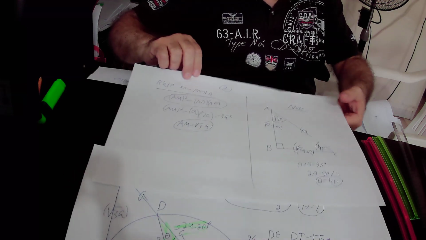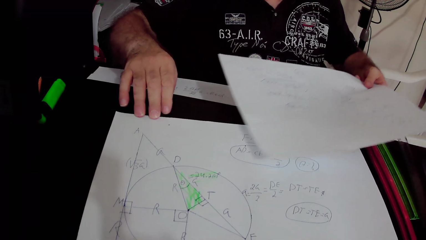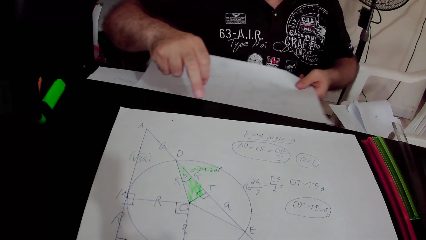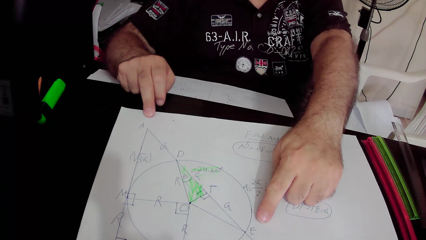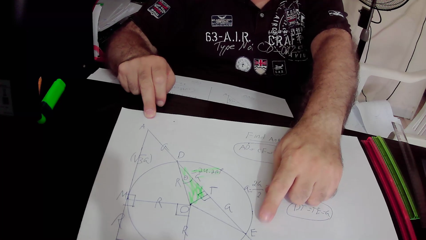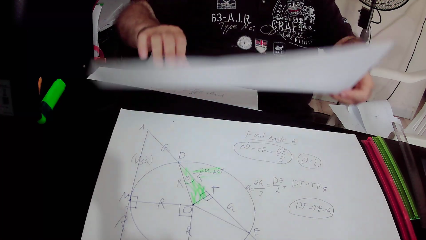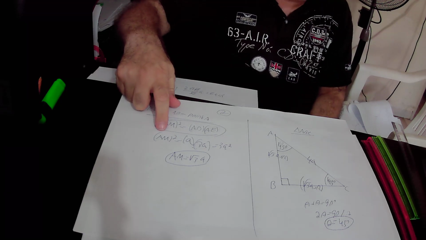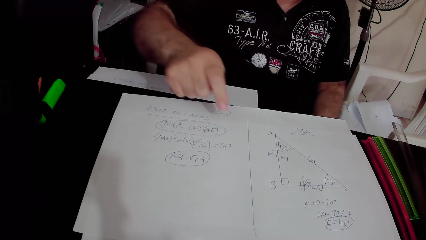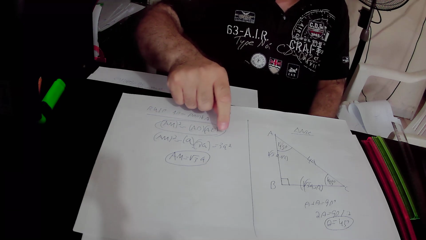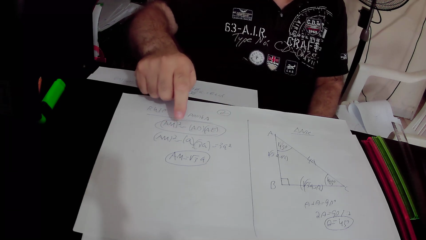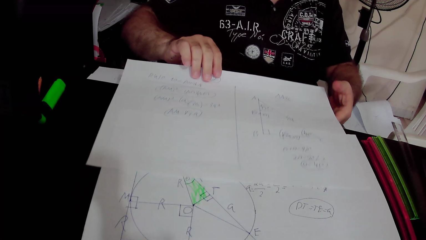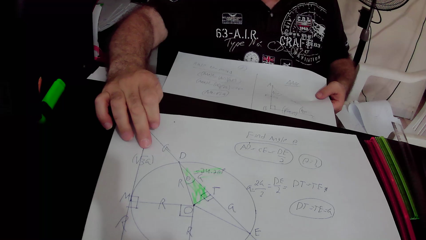So AM squared equals AD times AE. AD is A, so we substitute AD by A. AE equals A plus A plus A, that is 3A, so we substitute AE by 3A. So we concluded that AM squared equals A times 3A, which is 3A squared. We took the square root of this equation and found out that AM equals the square root of 3 times A.